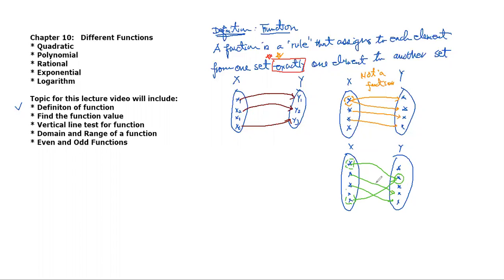The way I explained it to those kids, I said, the two boys can like the same girl. That's okay. Three or four boys can like the same girl. So two boys can like the same girl. So this is a function.